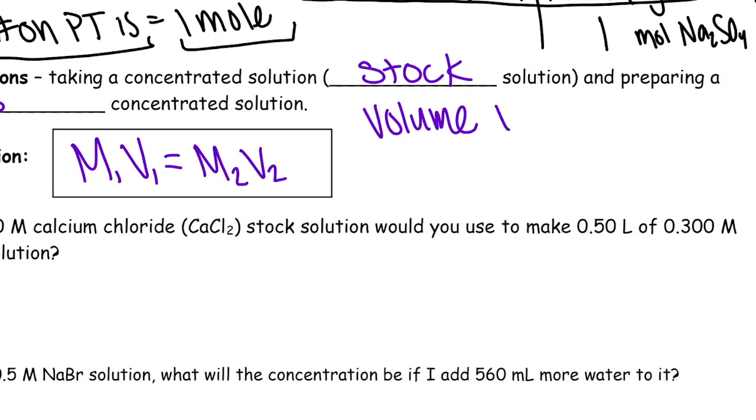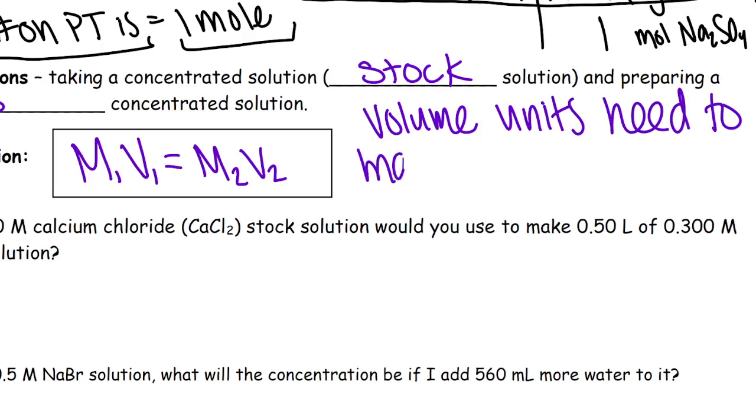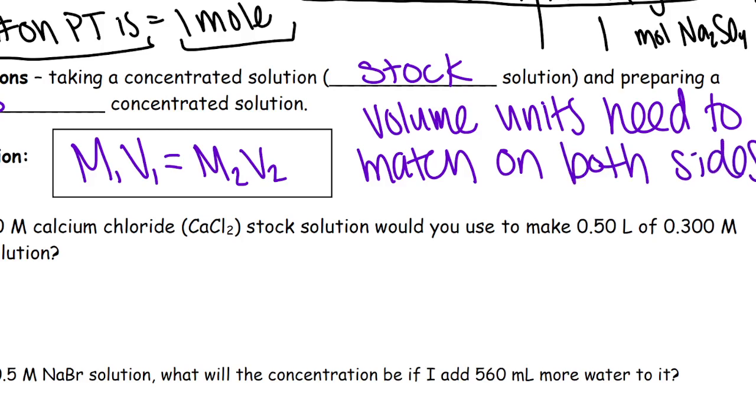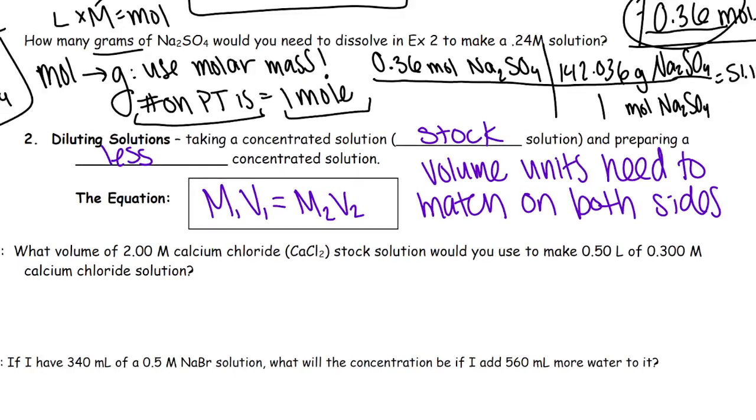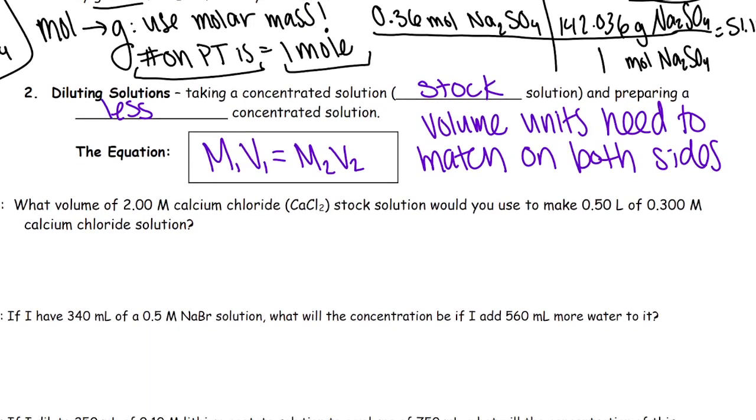So volume units need to match on both sides. And then for M, since that's molarity, the unit will already be in molar, so capital M for both of those.